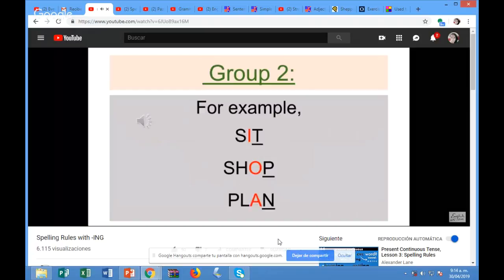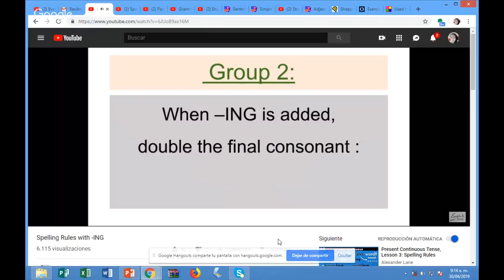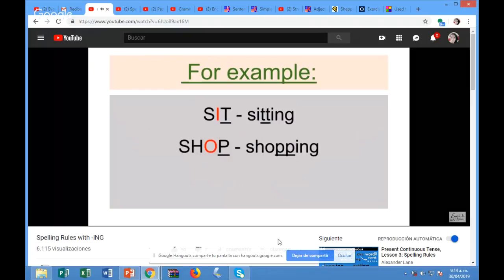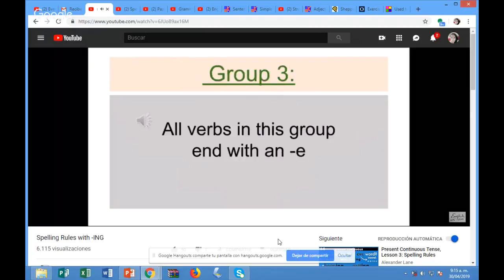For example, sit, shop, plan. When ing is added, double the final consonant. Sit, sitting, double the T. Shop, shopping, double the P. Plan, planning, double the N.